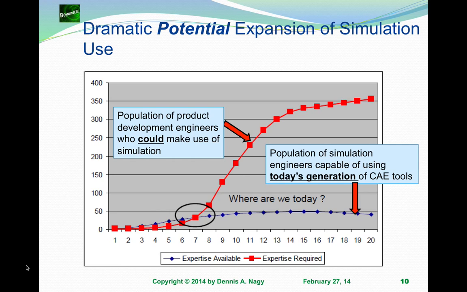The vertical axis has something to do with populations of engineers, but obviously not 400, probably 4 million is a better number.